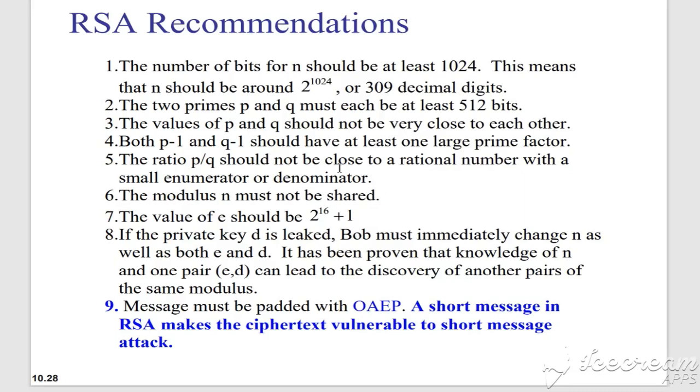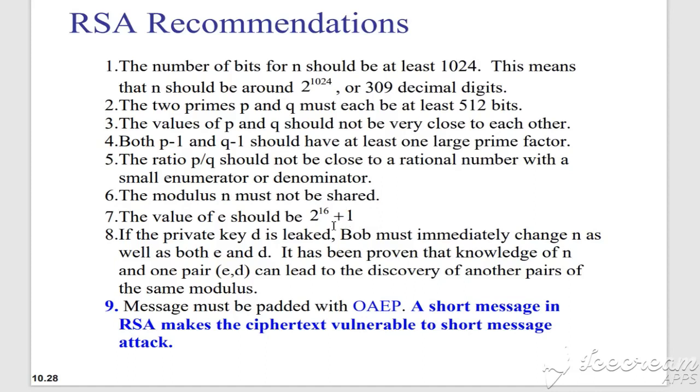The ratio of p to q should not be close to a rational number with a small numerator or denominator. The modulus n must not be shared, and the value of e should be 2 to the power 16 plus 1 or a value close to this.